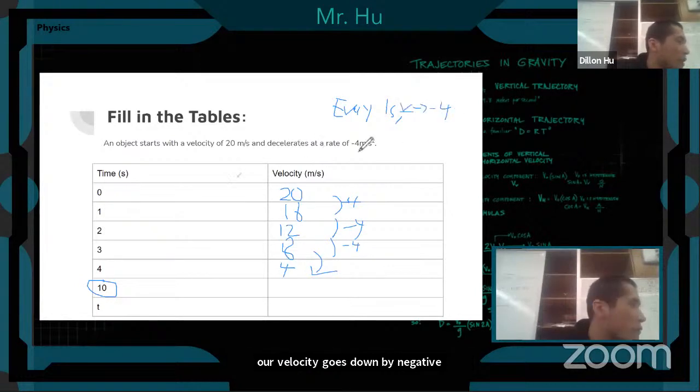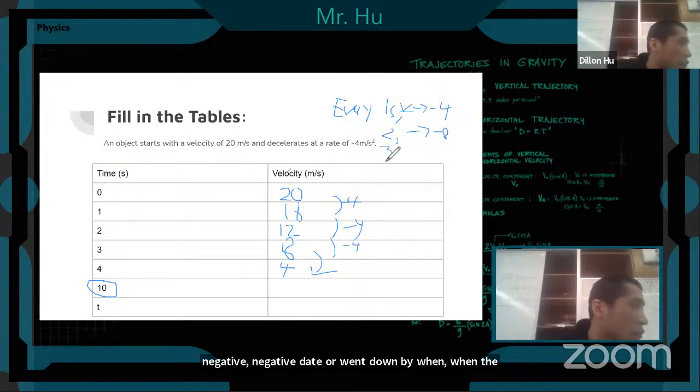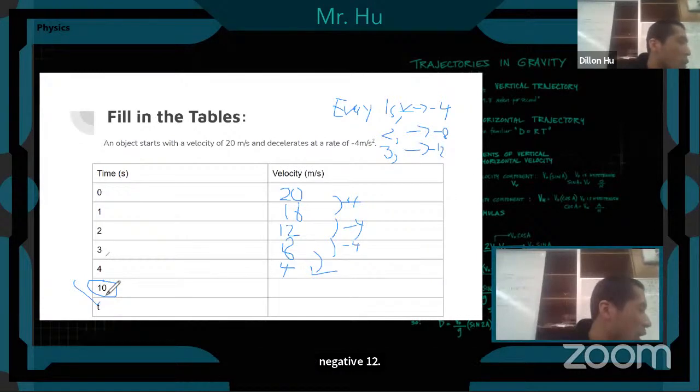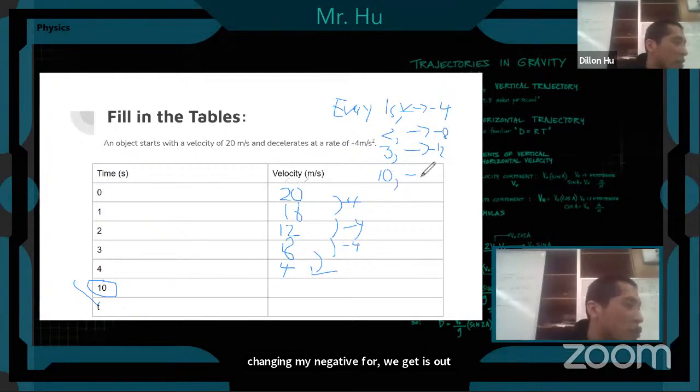So for example, after 2 seconds, our velocity changed by -8. After 3 seconds, it changed by -12. So how much would it change by if our time was 10 seconds? Well, if each second it's changing by -4, after 10 seconds it should change by -40.